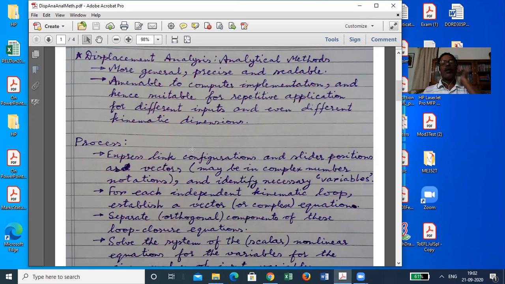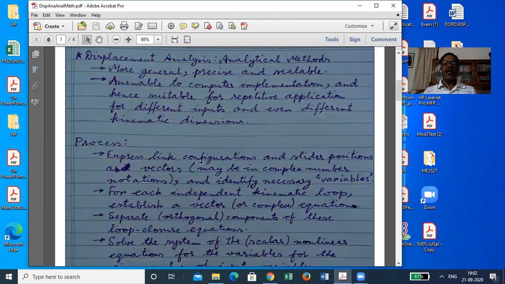So what is the process? First of all, express link configurations and slider positions also as vectors. You can write the vectors as simple straightforward geometric vectors with ij components, or also as complex numbers, because you know that complex numbers give you the complex plane for representation, which is the same as the xy plane.